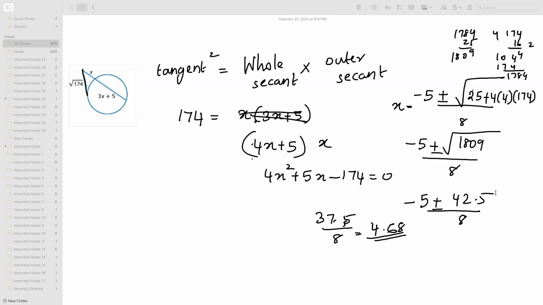Is it the square root of 1,809? Yeah. I got 2,809. Did I make a mistake there? No, I didn't. Wait, I'm checking, guys. Maybe 174 times 16. Did I make a mistake? Oh my gosh.